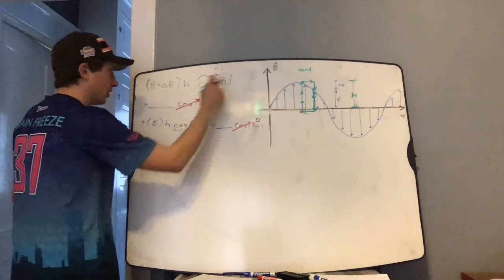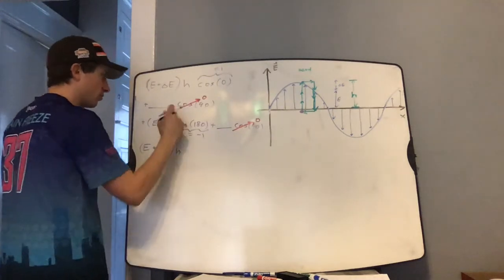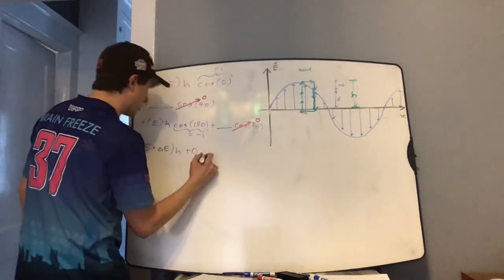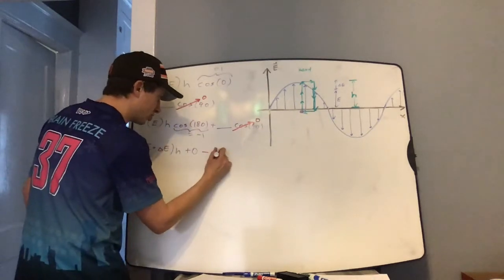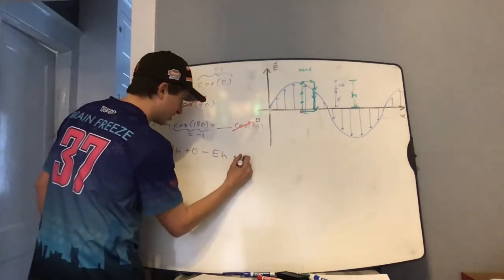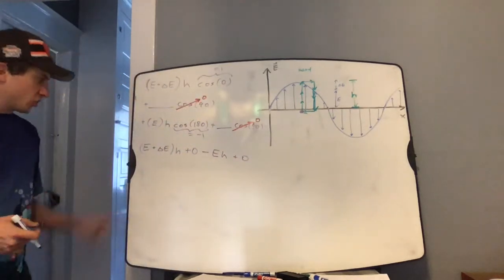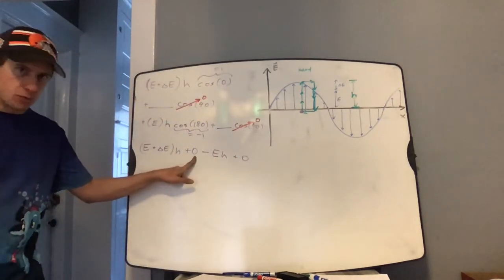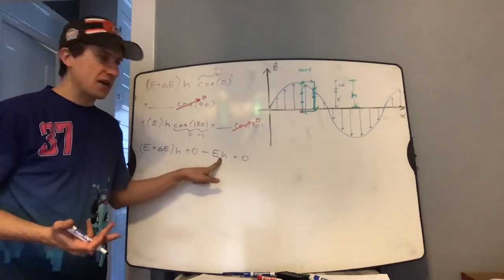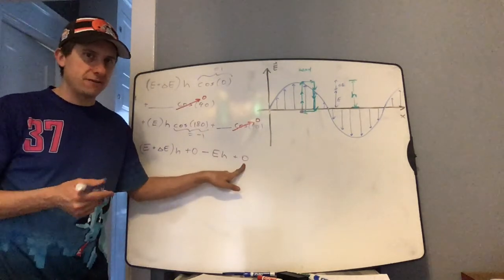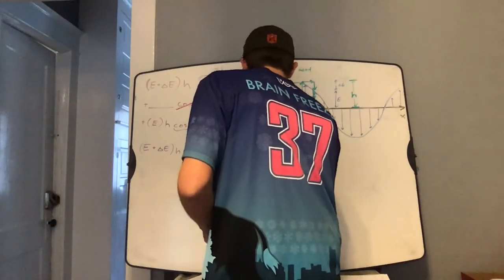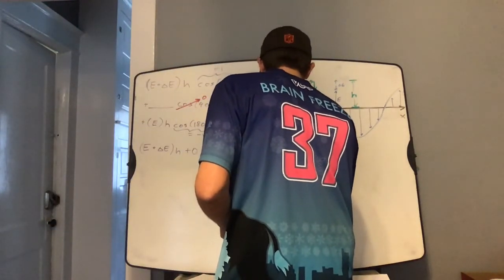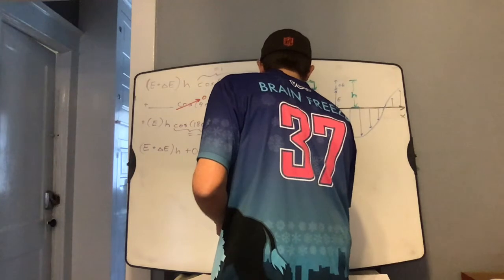Then this plus 0 minus E times H plus 0. So the path up, the path walking to the right, the path down, the path walking to the left. And all of these will add up to the rate of change of magnetic flux, delta phi B delta t.